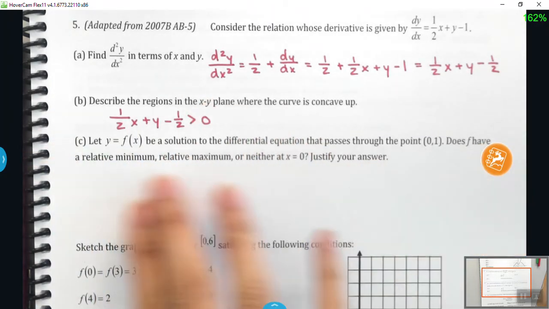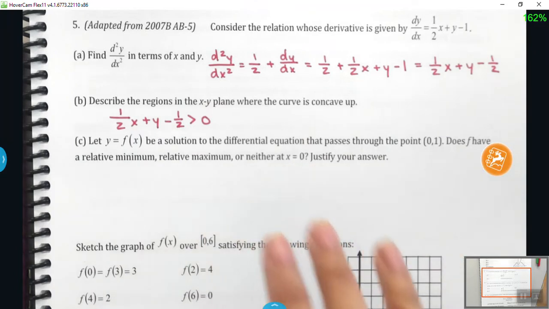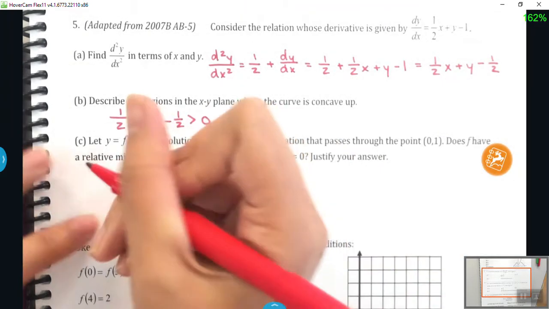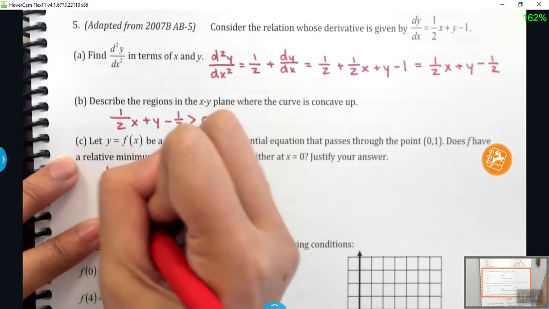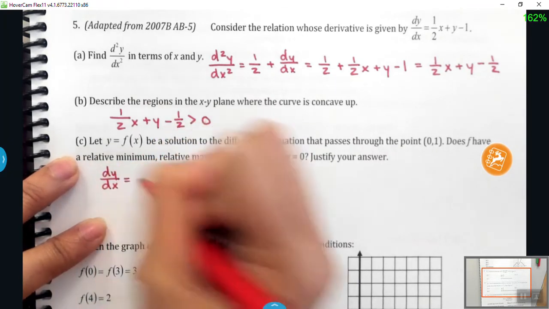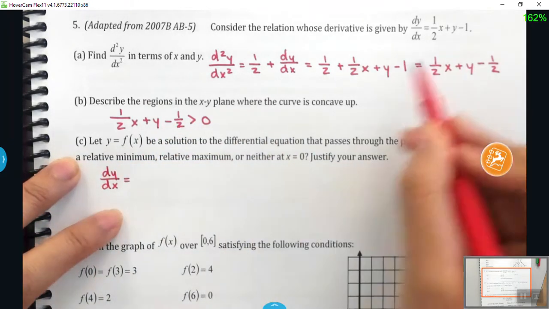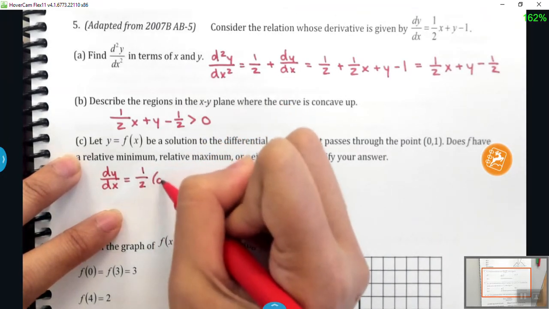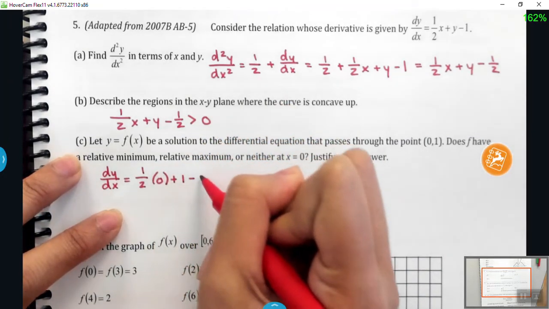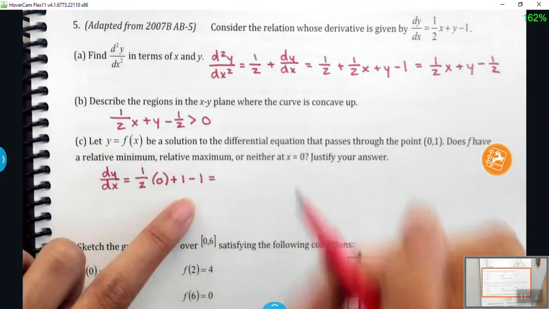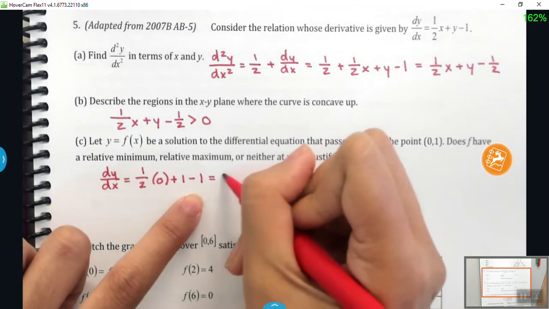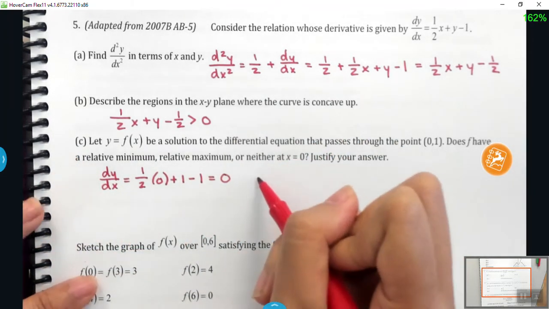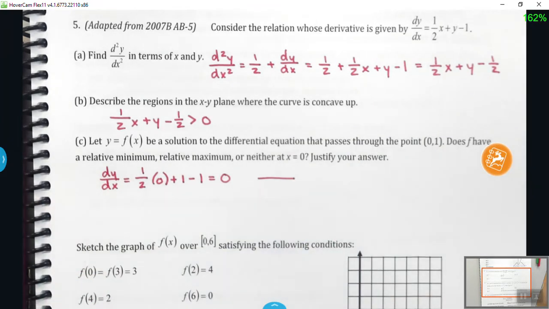Okay? All right, now it's saying, does f have a relative max, relative min, or neither at x equals 0? So what do we need? We need the first derivative, and we need to see what happens at 0, 1. So if I plug in 0 and 1, I get my first derivative equals 0, right? That means I've got a horizontal tangent line.